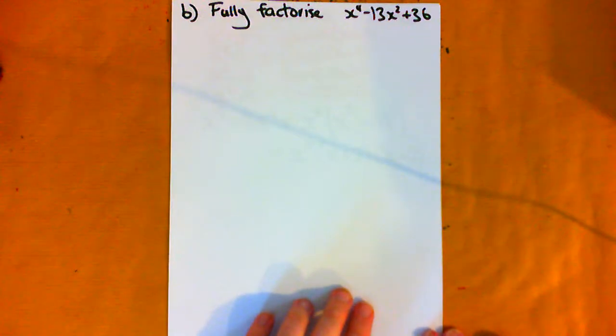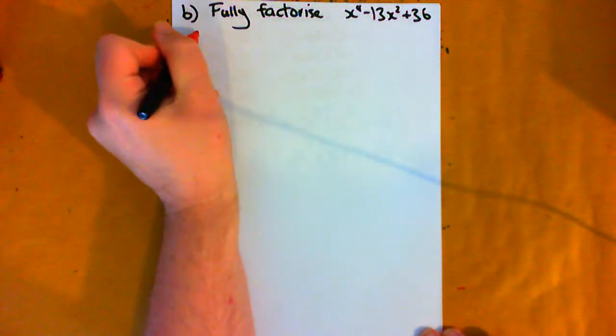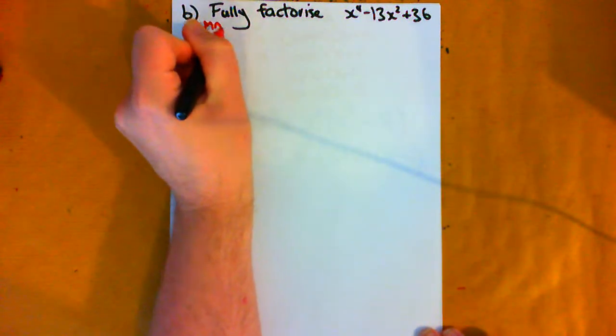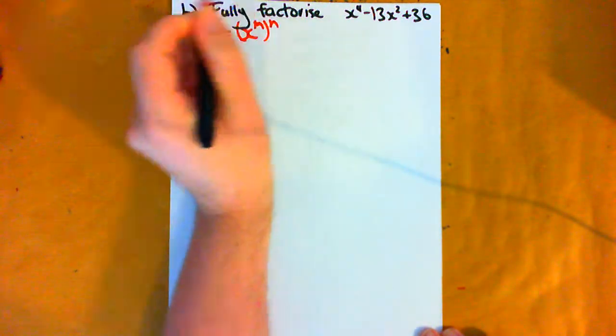Now fully factorise the following: x to the power of 4 minus 13x squared plus 36. Well, this one's a bit different. We don't have a common factor of x in the whole thing that we can take out. We want to make it look kind of quadratic. So we've got a rule on the formula sheet that says x to the m times n equals x to the m to the power of n.